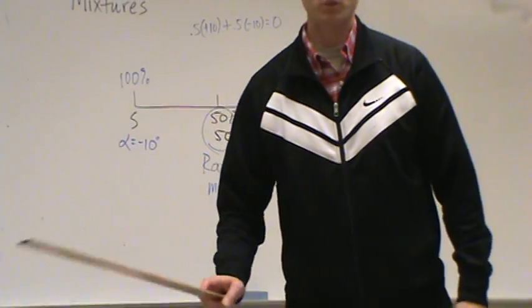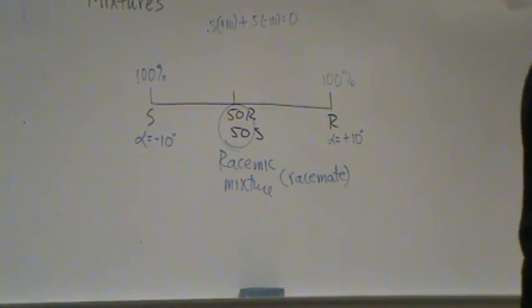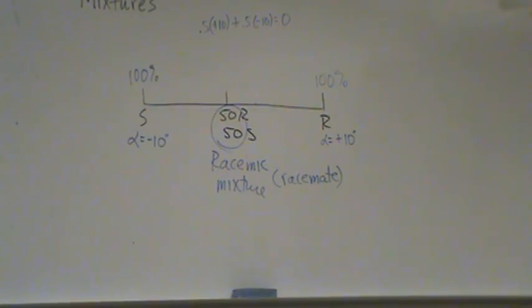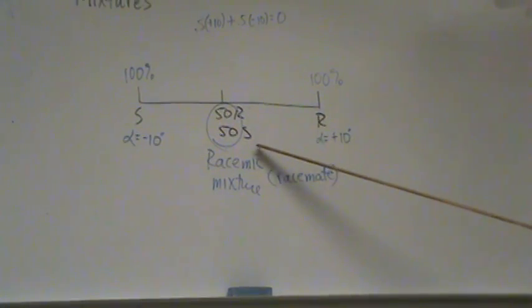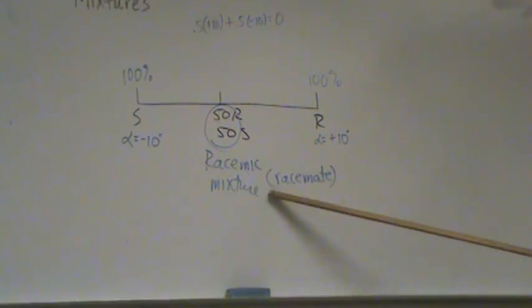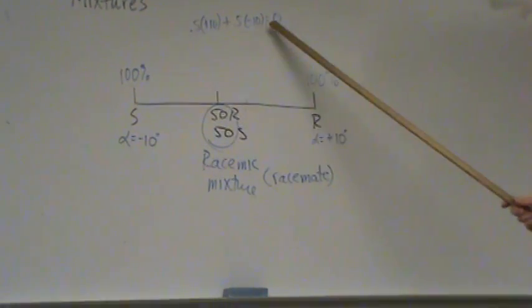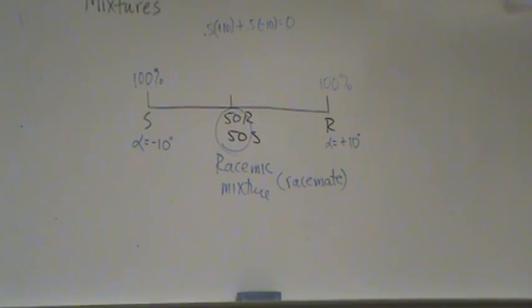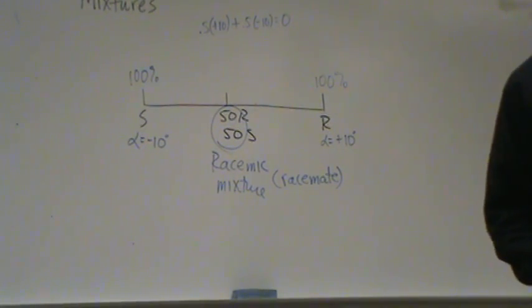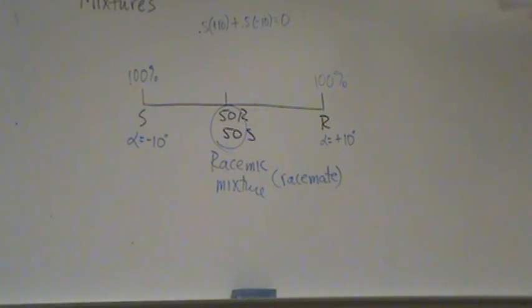So, is a racemic mixture chiral? Yes. The R is chiral, the S is chiral. It's just the mixture, that particular equal mixture, that's giving the alpha value of 0. So that's one way to get 0. The other way is to have an achiral molecule.